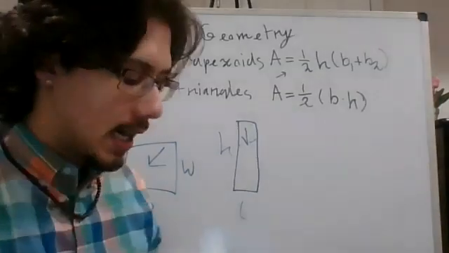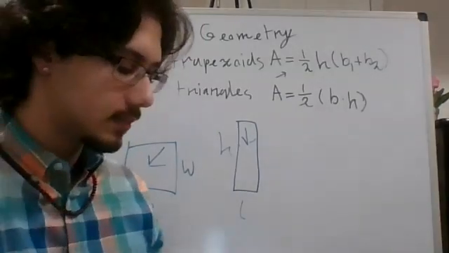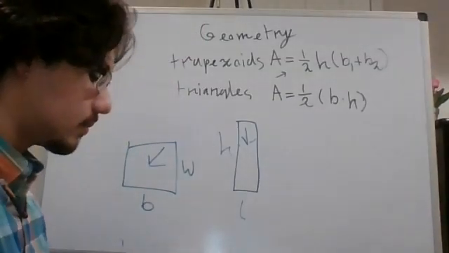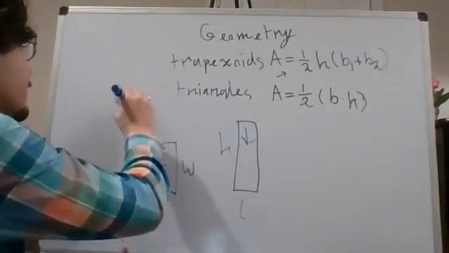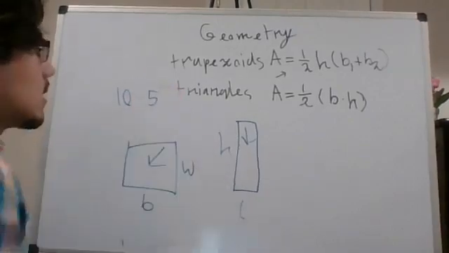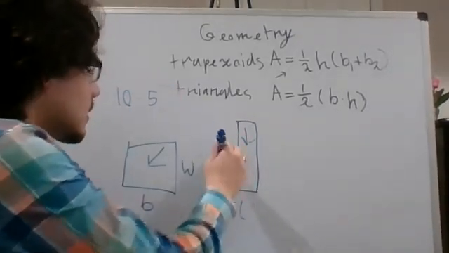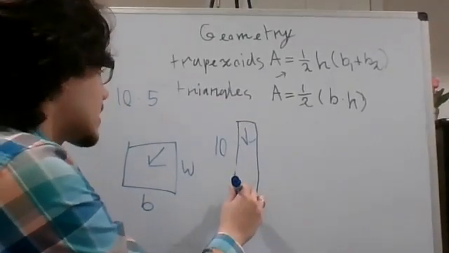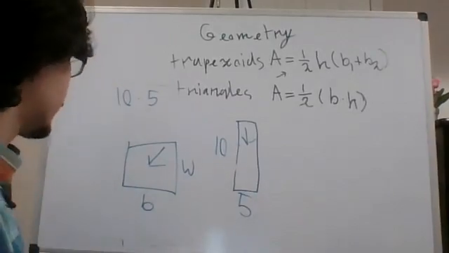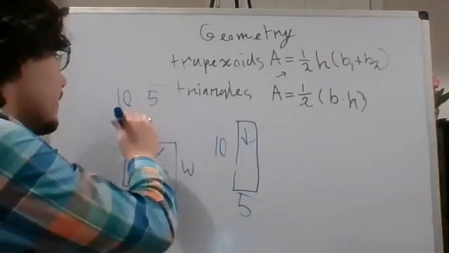Can somebody give two numbers, please? 10 and 5. So the height of our block is 5, and the base of our block is 5. So this would mean that the block has an area of 50.